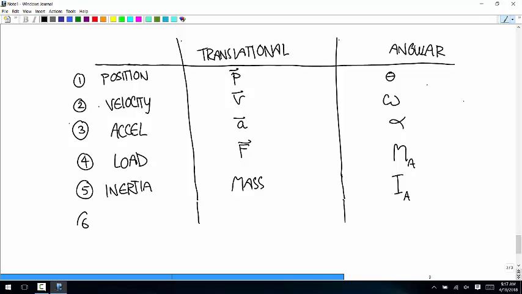And then the last thing is the equation of motion. If you're talking about translation, the equation of motion is F net is equal to the mass times the acceleration of the center of mass.